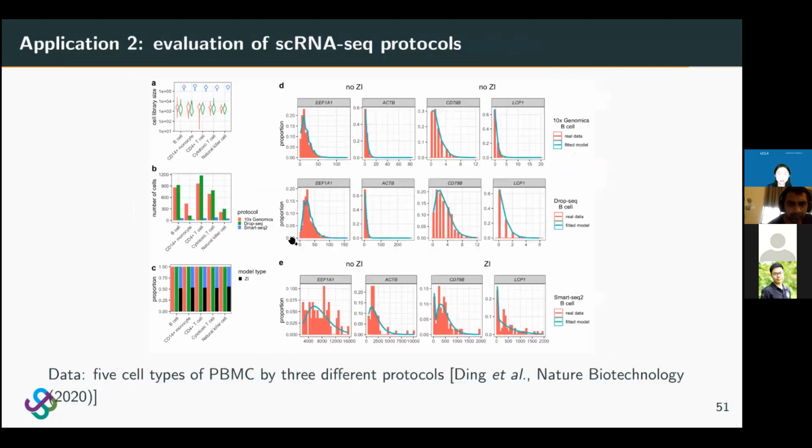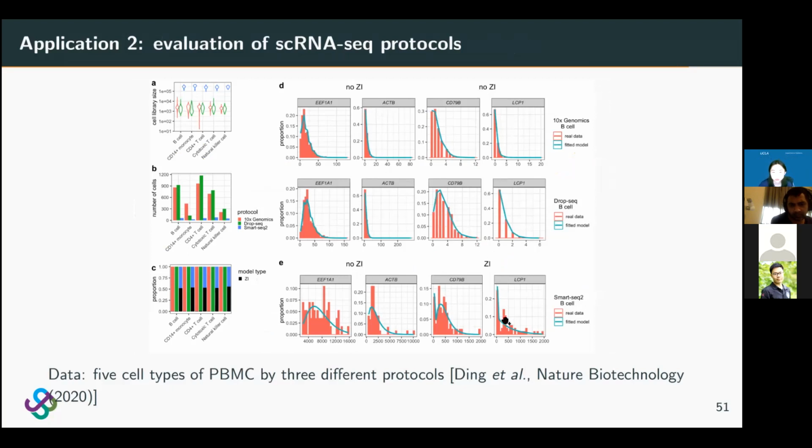All right. Next, we want to show that the model selection for marginal distribution is meaningful. This is the benchmark data set of blood cells in the benchmark paper, generated by multiple experimental protocols. Here we pick three: 10x genomics, Drop-seq, SmartSeq2, and the same genes.